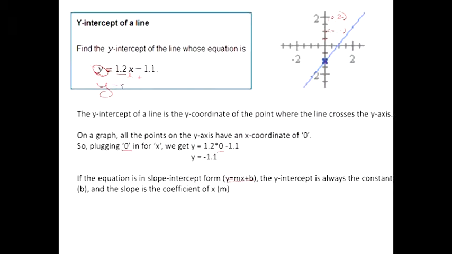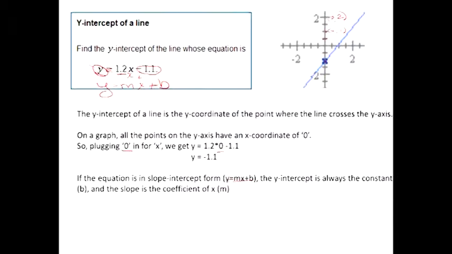So this is y equals mx plus b, and so m is the number in front of x, that's the slope, and the constant is the y-intercept, which is also called b. So if it's of the right form, then you can pick off the y-intercept really easily.